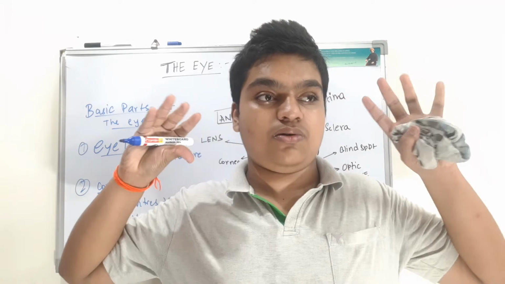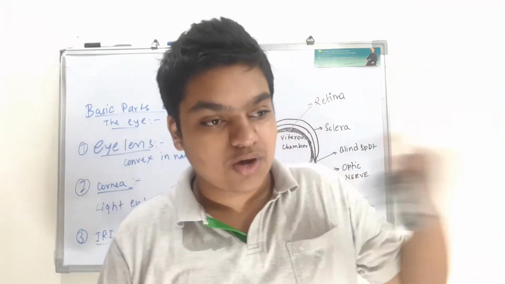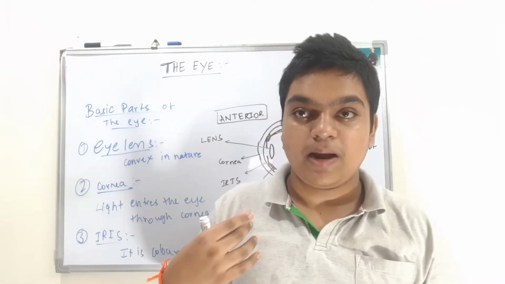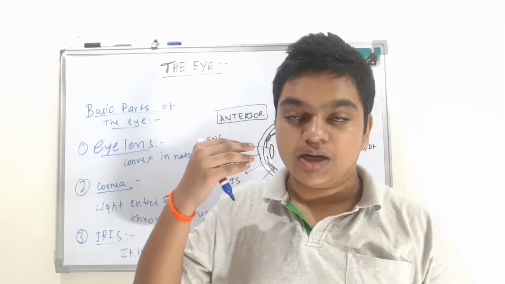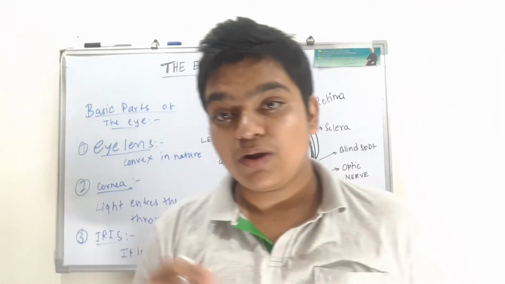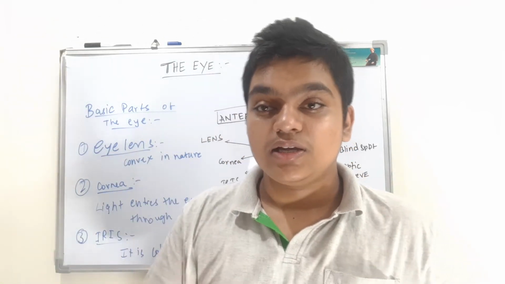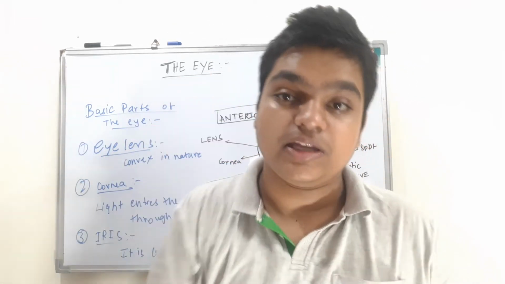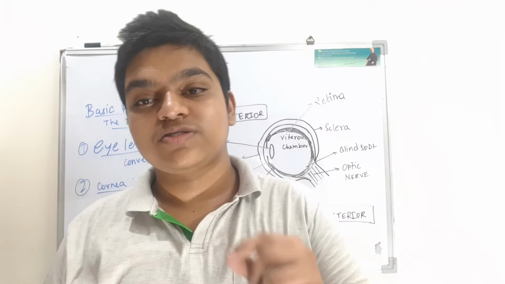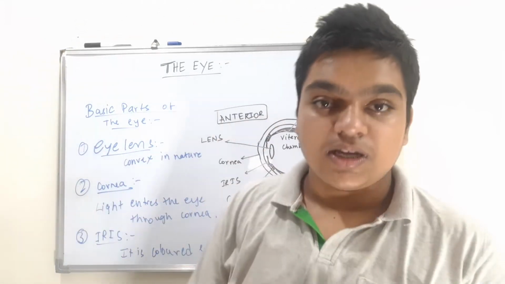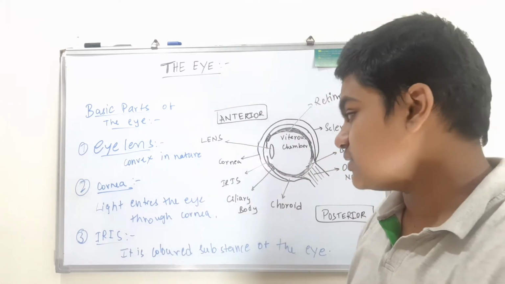All the light falling on our eye will not get into the retina to form images, but only some part of the light is made to fall on the retina. That is because of the pupil, ciliary muscles, iris, etc.